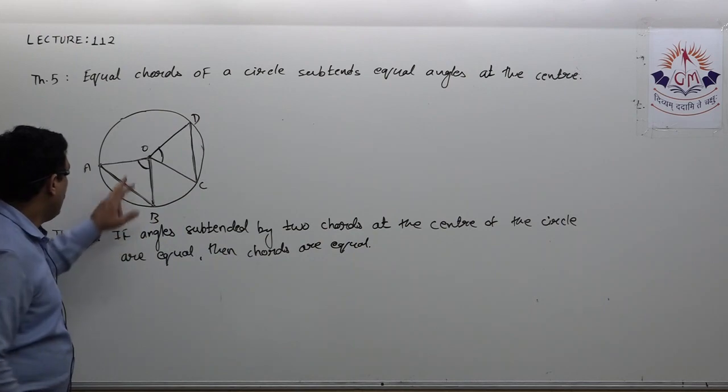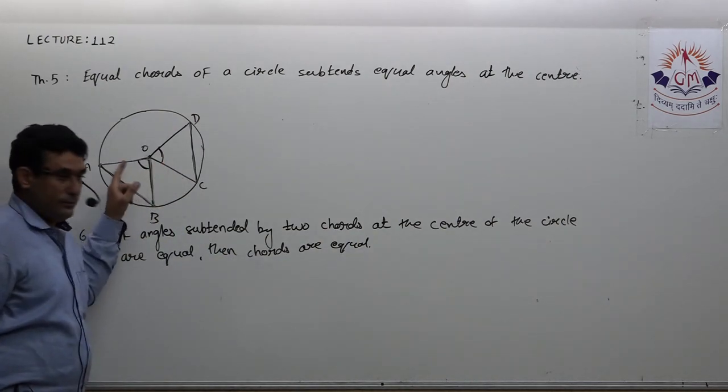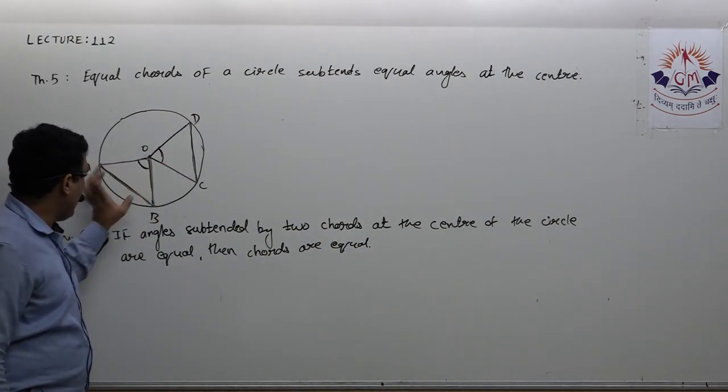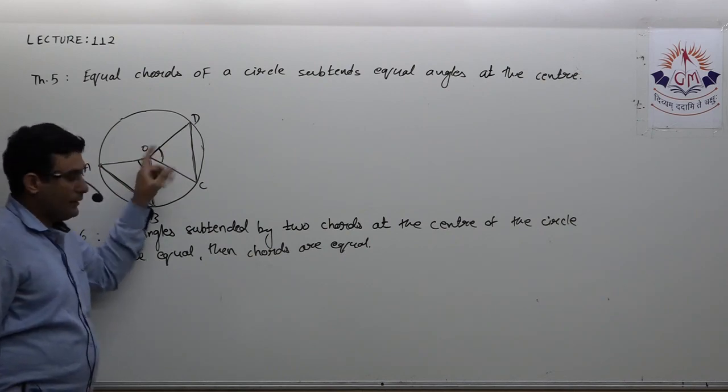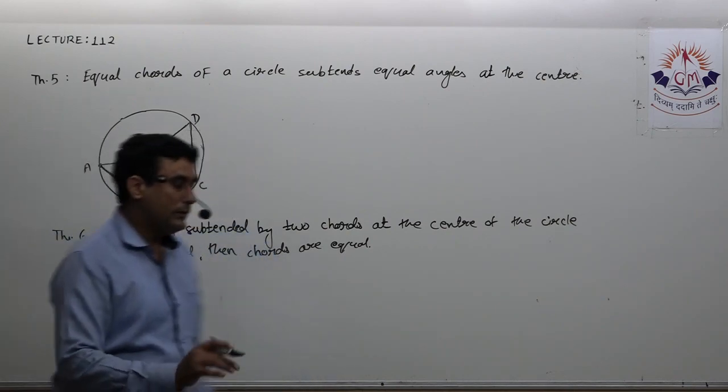Okay, it's obvious. According to this theorem, if the angles subtended by the chords at the center are equal, then we have to prove the chords are equal.